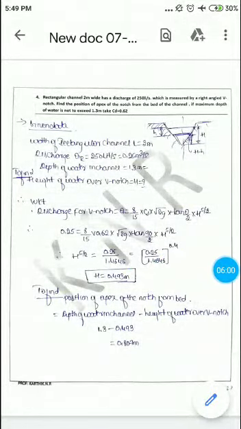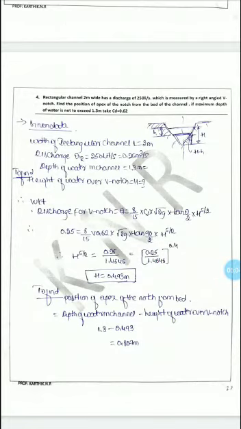Okay, let's solve the next problem on notches. A rectangular channel 2 meter wide has discharge 250 liters per second, which is measured by a right angled V notch. Find the position of the apex of the notch from the bed of the channel, if the maximum depth of water does not exceed 1.3 meter. Take CD equal to 0.62. Here the problem is based on a V notch or triangular notch.